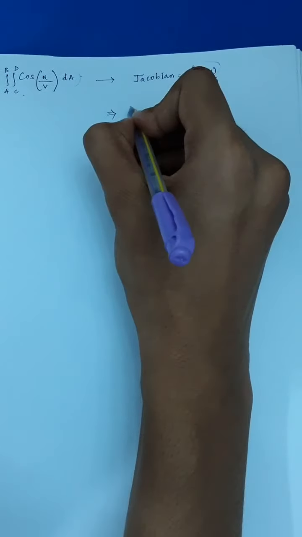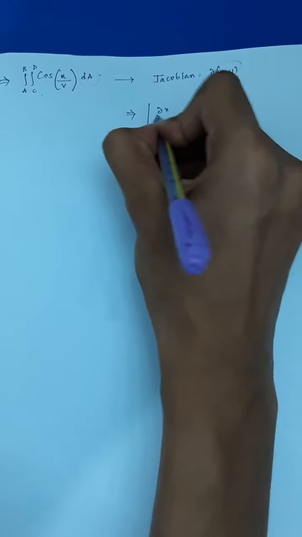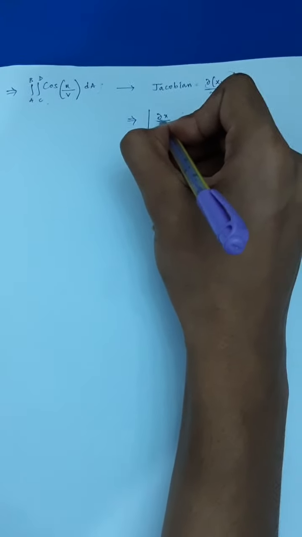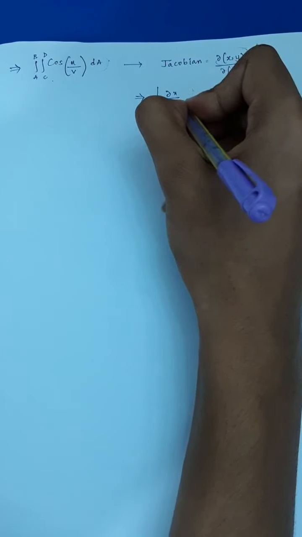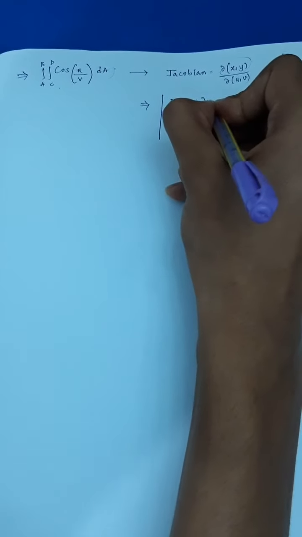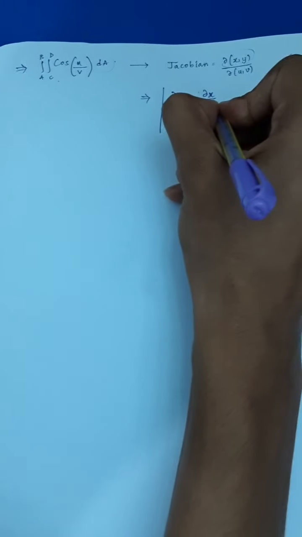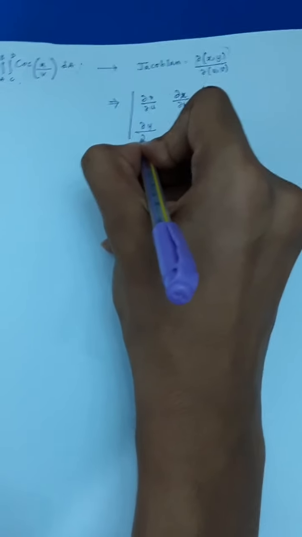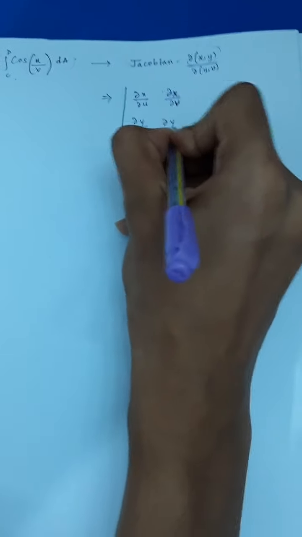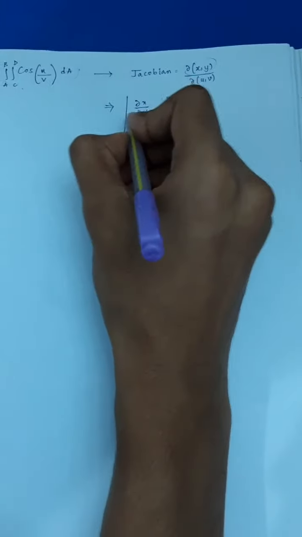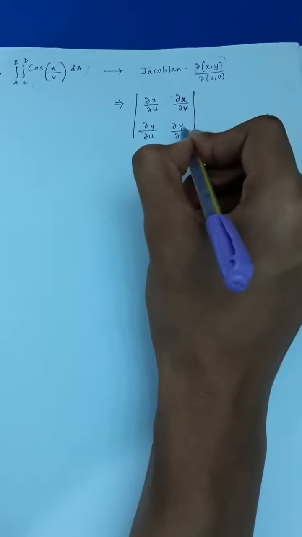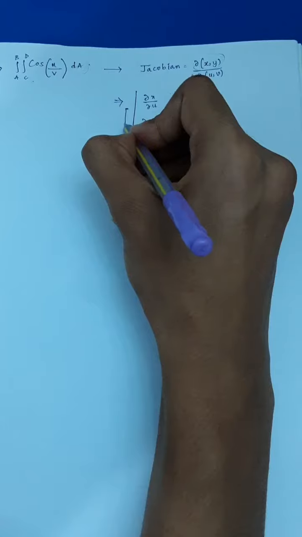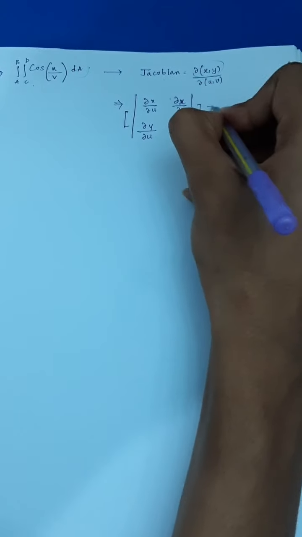So it would be a determinant, first of all, the determinant of dou x by dou u, dou x by dou v, dou y by dou u, dou y by dou v. So we need to evaluate this determinant in order to find the Jacobian, which would always be positive. So I'm keeping the magnitude, mod sign.